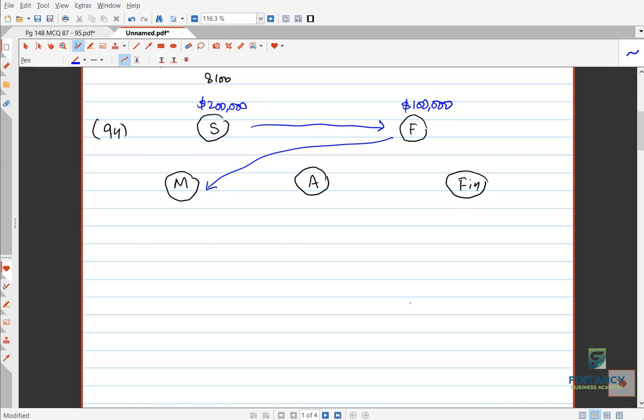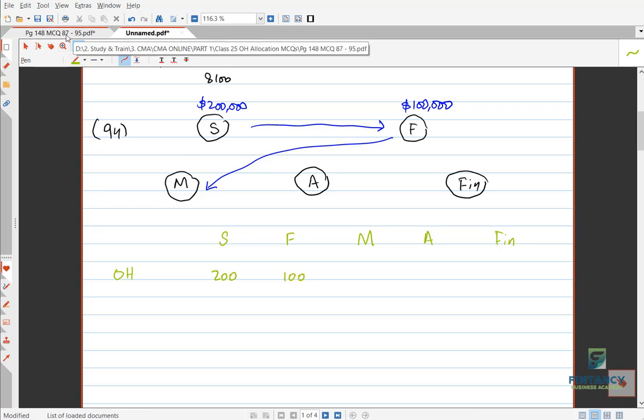Okay. So if I create the overhead distribution sheet here quickly for you, we will say S, F, M, A, and FIN, right? Their existing overheads are 200 and 100. I am writing in thousands.